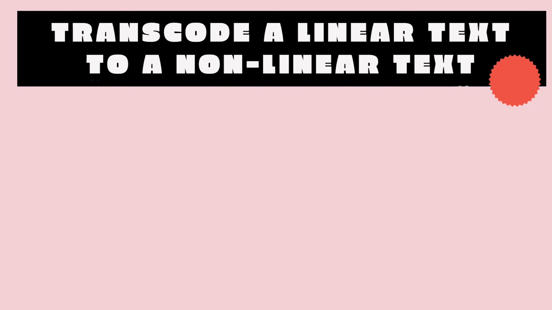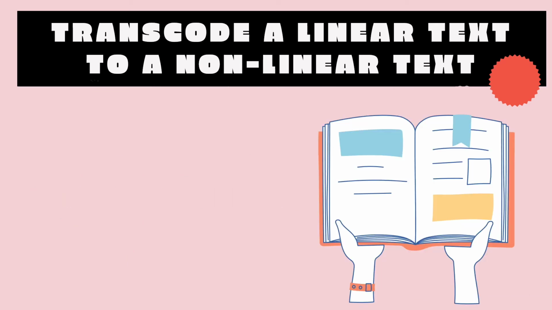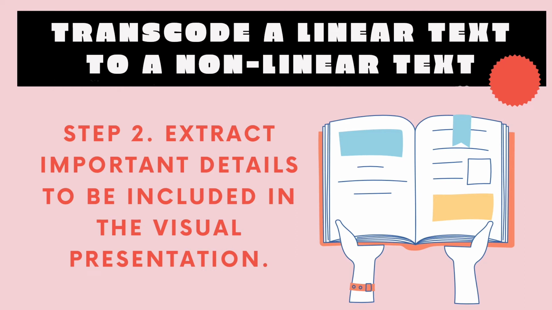In order to transcode, we may follow the following steps. Step 1. Read and understand the source text to get its main or central ideas. Step 2. Extract important details to be included in the visual presentation.